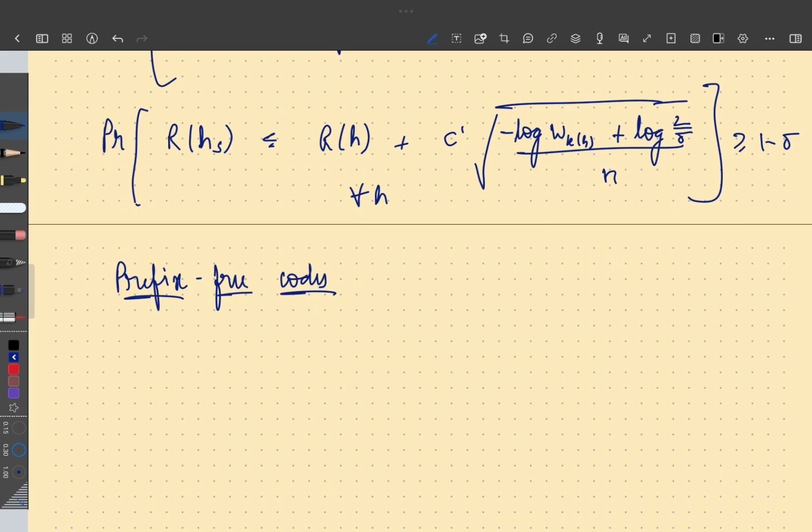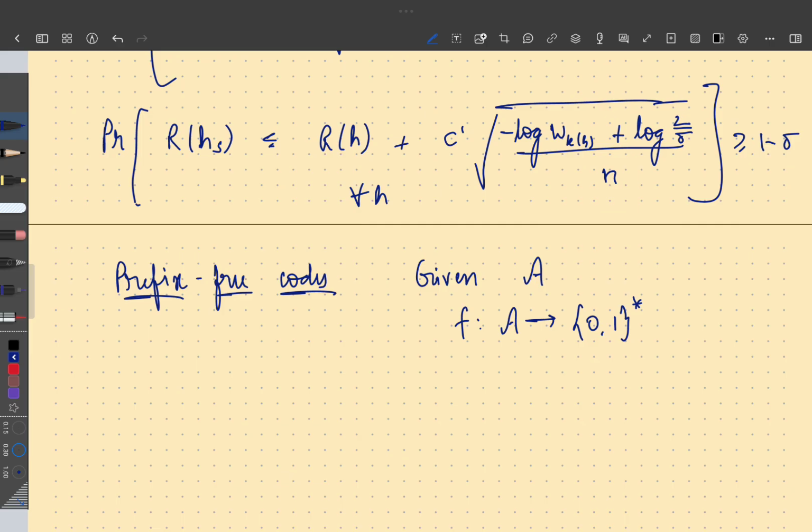Let's suppose we're given some arbitrary set A and some map F from the set A to the set of all binary strings of arbitrary lengths.